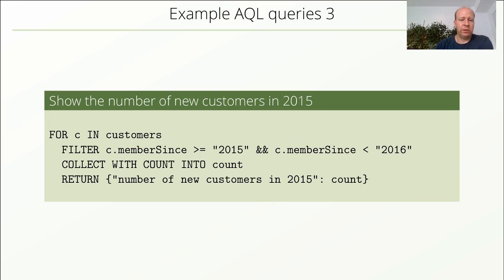The third one is not very different, but it shows that you can obviously combine filter conditions and counting. This will have all the members who became members in 2015, because their timestamp is greater or equal to 2015, and less than 2016. And again, we just count the number of these and return a single document.